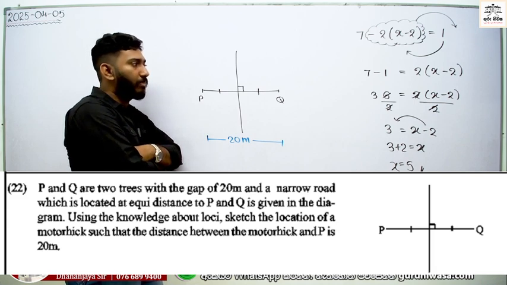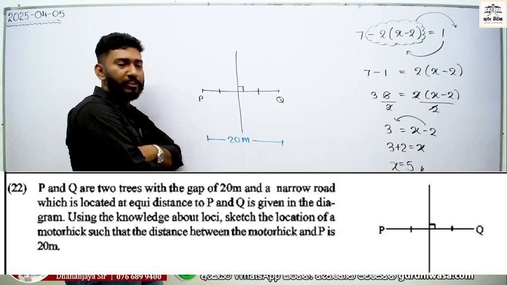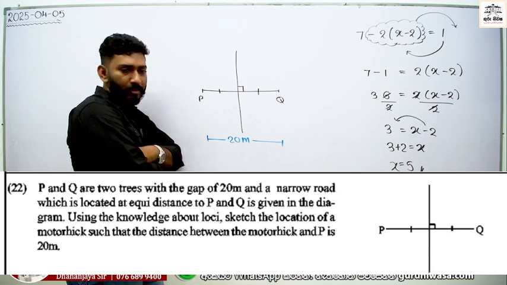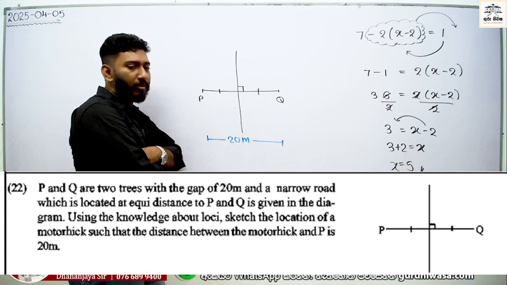That is clear. P and Q are what? 2 points. Then what comes? The perpendicular bisector. Right? Using the knowledge about the loci, sketch the location of a motorbike such that the distance between the motorbike and P is 20 meters.